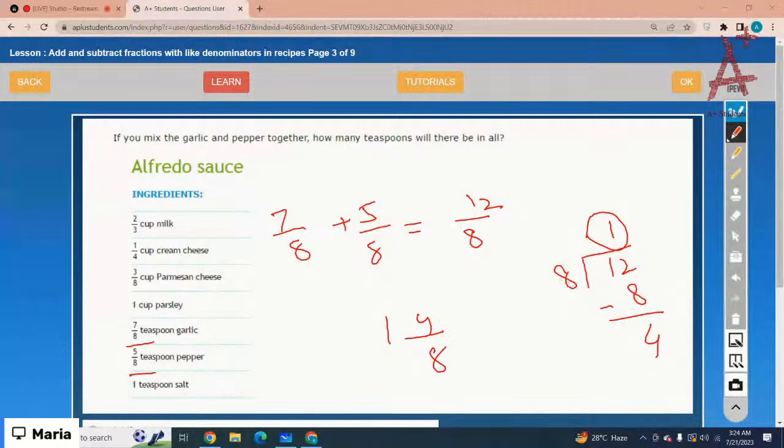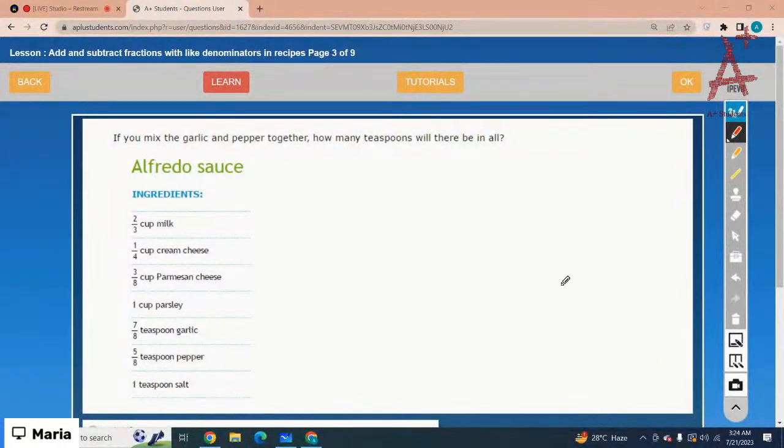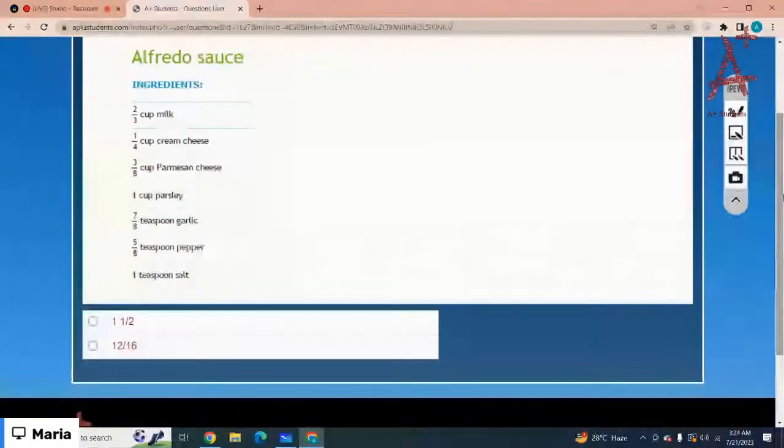It is 1 whole 4 over 8. The correct option is 1 whole 1 over 2.